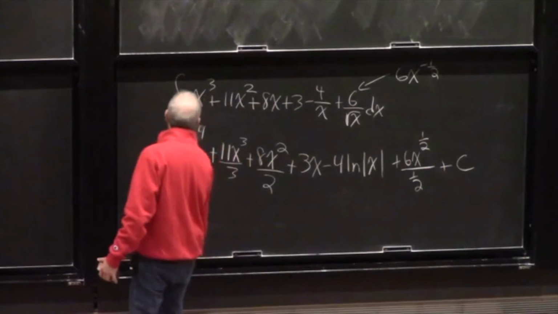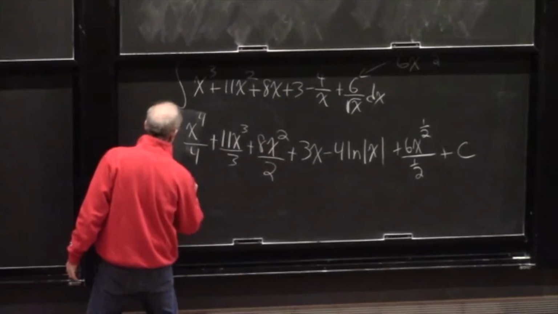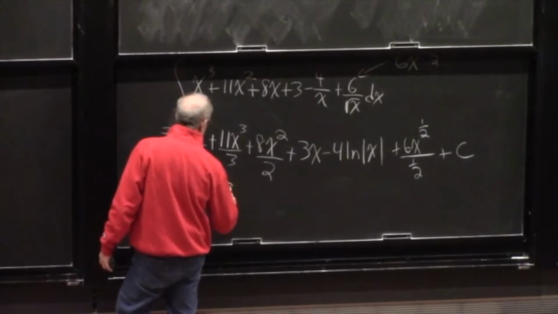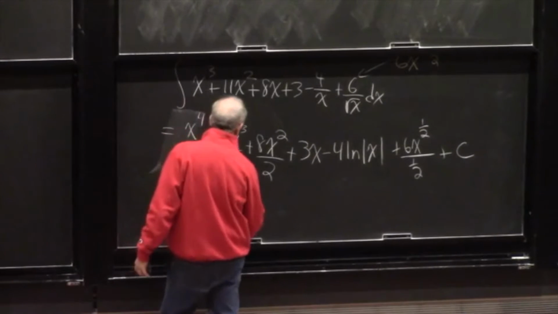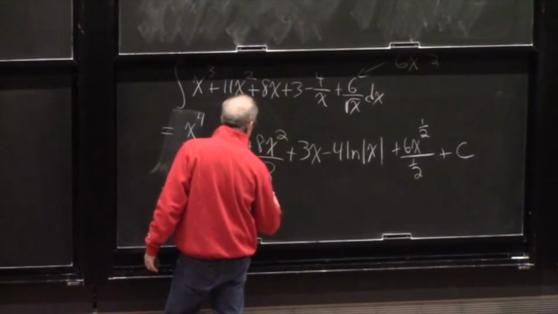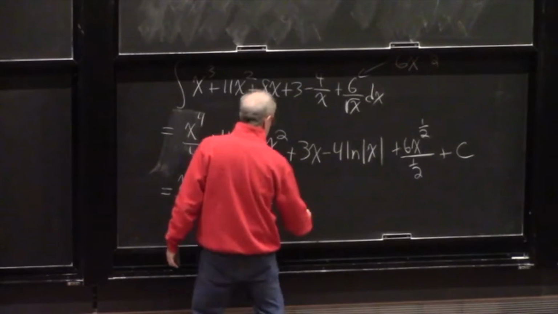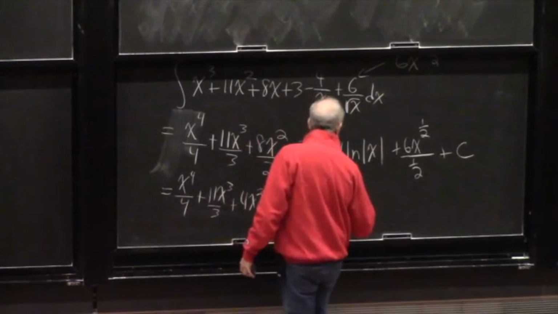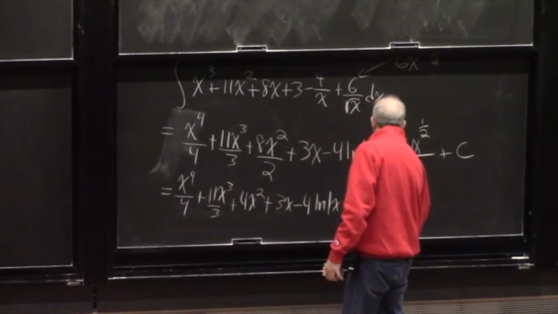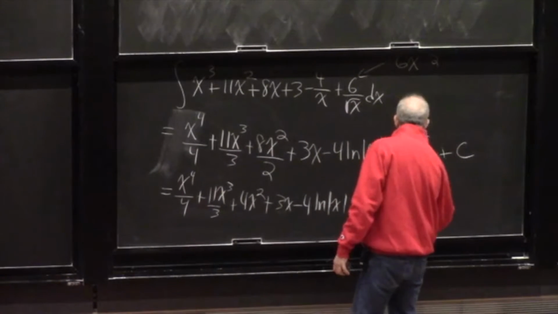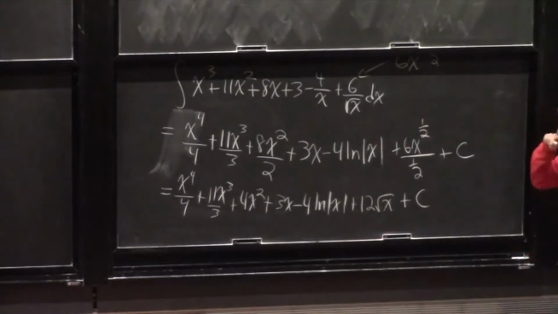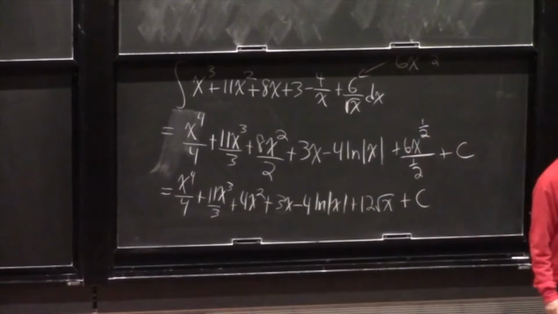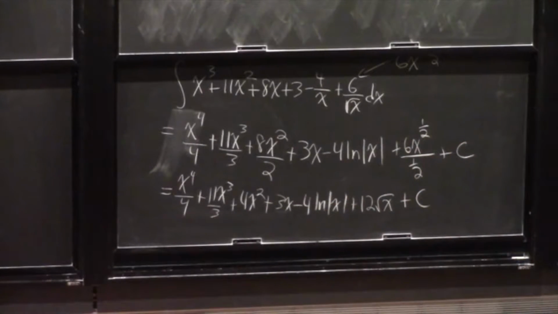You could make that x to the 4th over 4 plus 11x cubed over 3 plus 4x squared plus 3x minus 4 ln of x plus 12 radical x plus c. If you wanted, and by the way, since you remember your log rules, you could make that the log of x to the 4th if you wanted. However, it's usually more convenient not to have the power.